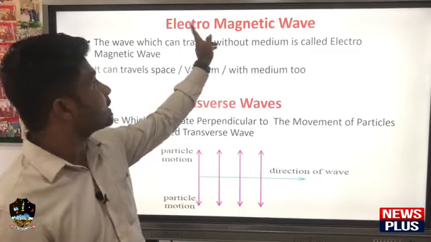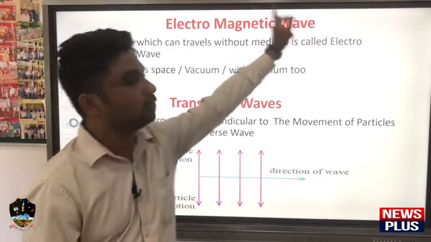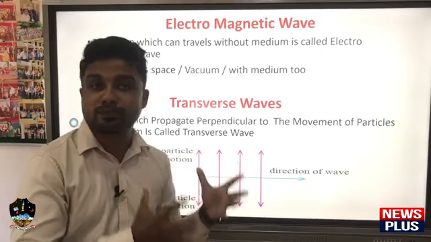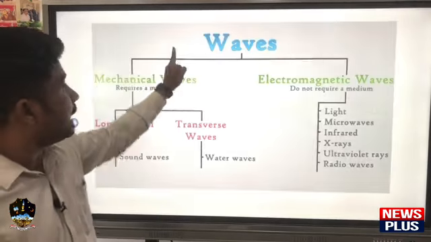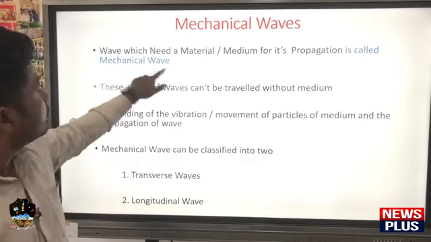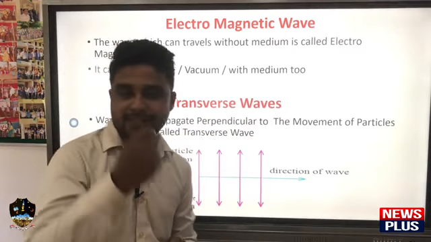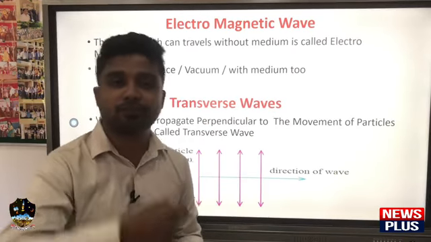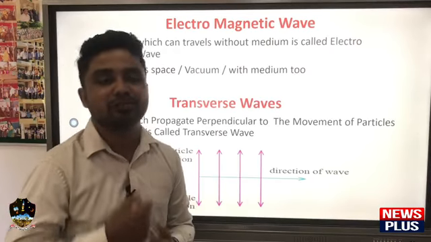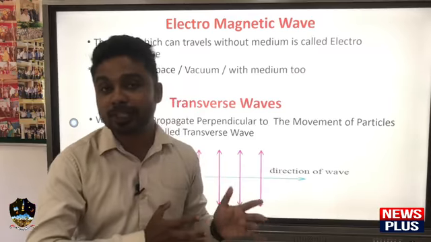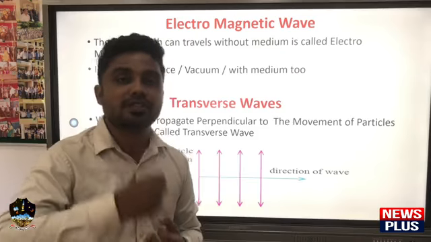Another term we are going to discuss later, but there is a definition here: electromagnetic waves. Electromagnetic waves means in Tamil மின்காந்த அலைகள். These are waves which can travel without a medium. For example, light is a type of electromagnetic wave. Light can travel without a medium, but for mechanical waves, a medium is very much needed.